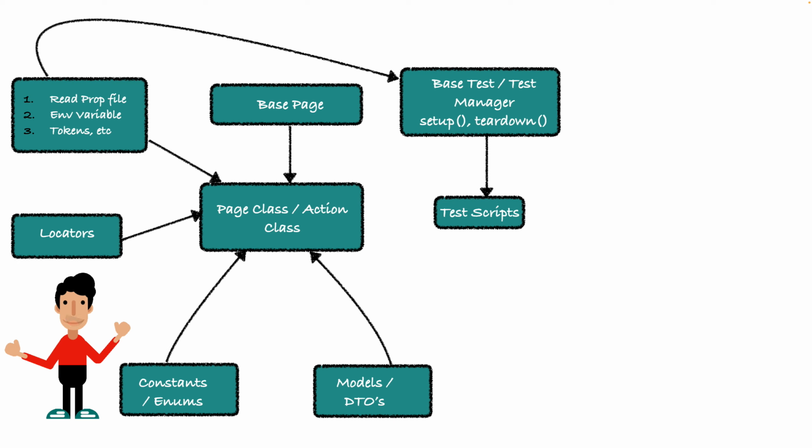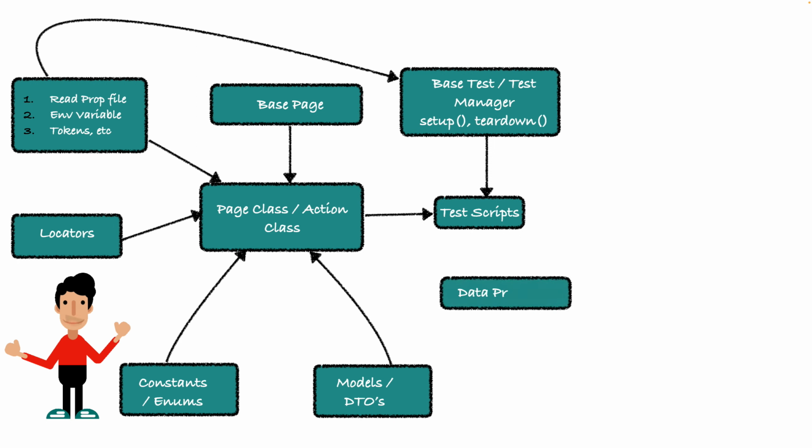Then you can create a model user and have an object of user, and then grab all the details present from the UI or maybe from the API, and then compare those model values, which will be the expected value, with the actual which you grab from the UI or from the API. Then of course these page classes and action classes will be utilized by our test script.